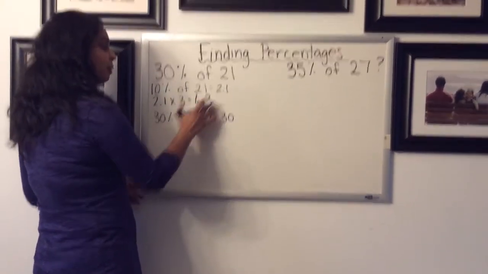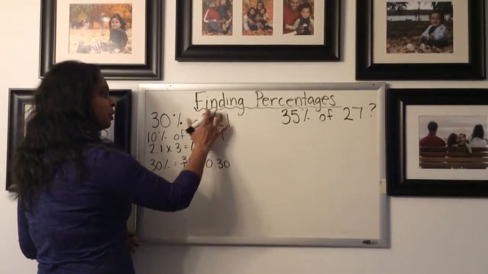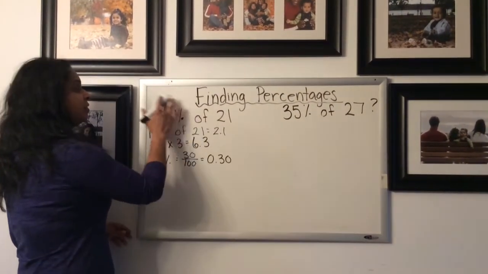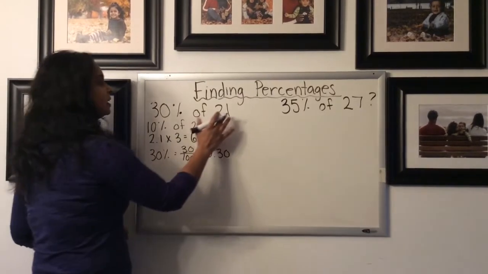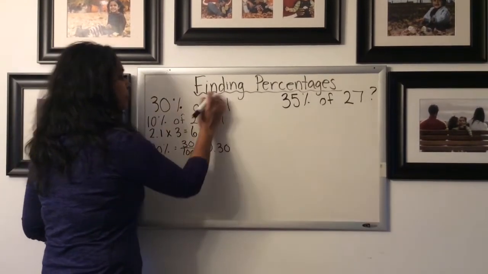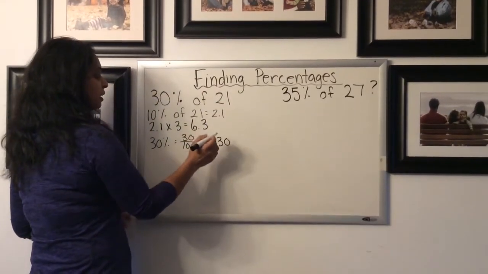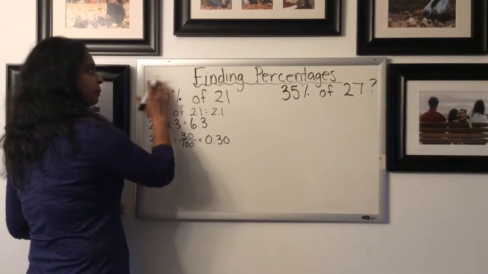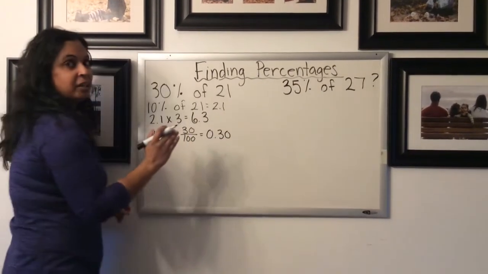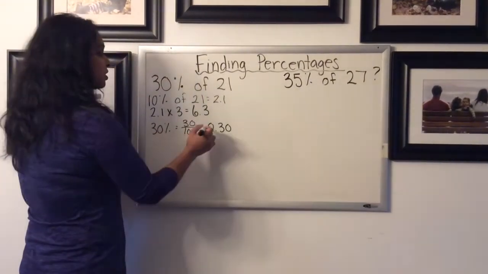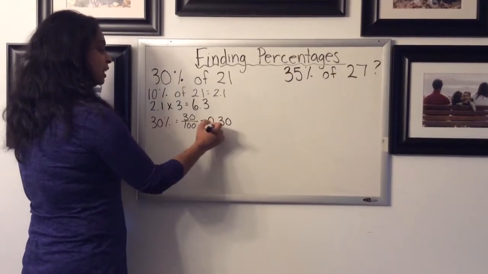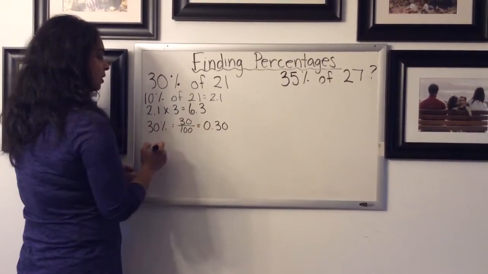And this format will actually match what we're doing here with the 21. Right now, this number is a percentage and this number is a number, so we're going to turn the percentage into a number we can use for multiplication. So 30% is equal to 0.30.